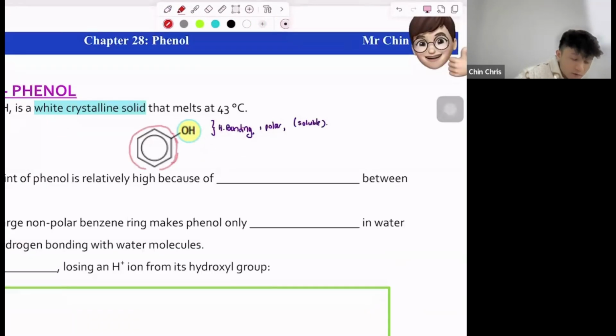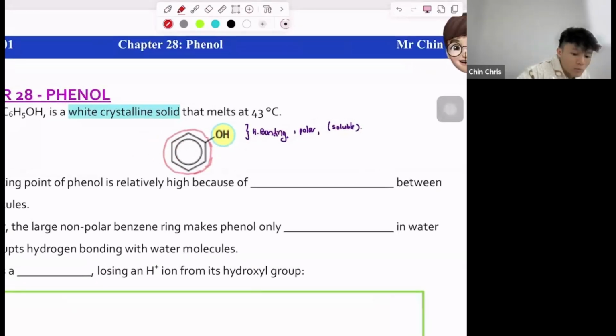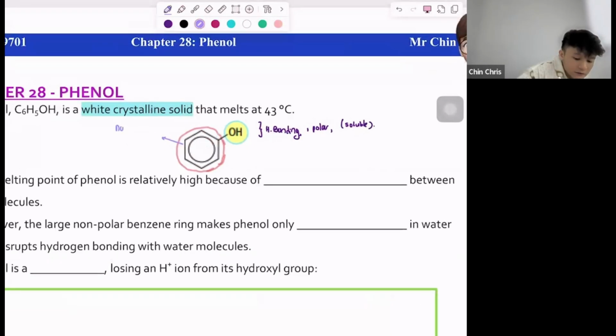Is the ring polar or non-polar? The ring itself is non-polar, so you have this non-polar ring, which makes it not soluble. So phenol overall is just partially soluble, not very soluble, not highly soluble, but just partially.